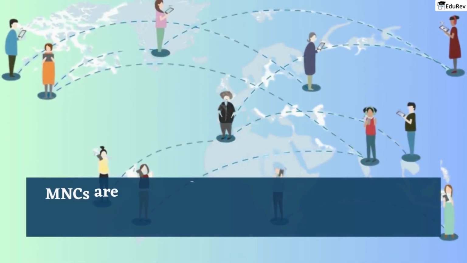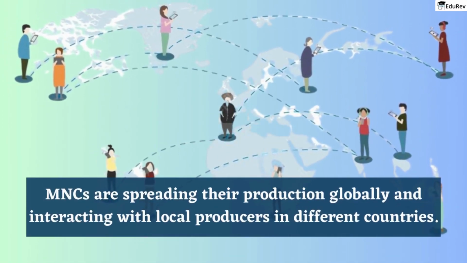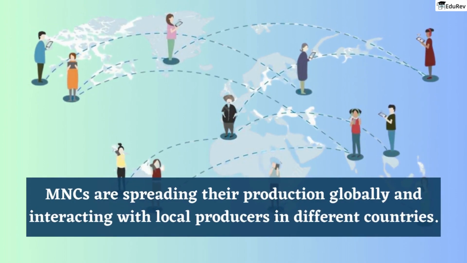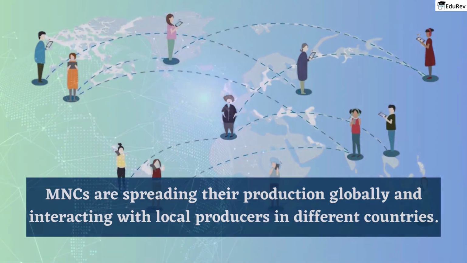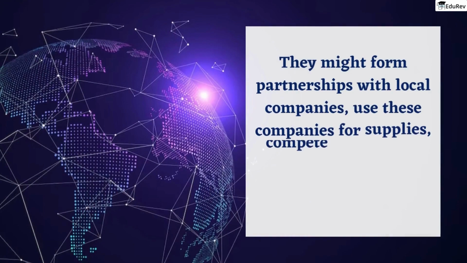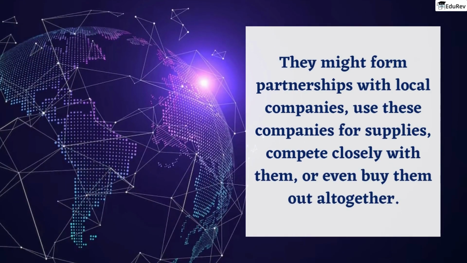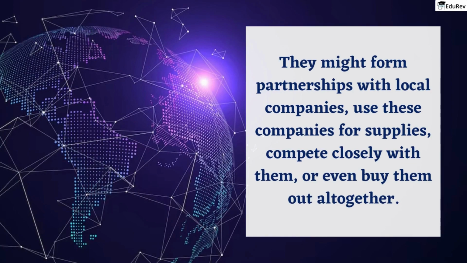This shows us that MNCs are spreading their production globally and interacting with local producers in different countries. They do this through various methods. They might form partnerships with local companies, use these companies for supplies, compete closely with them, or even buy them out altogether. Through these actions, MNCs exert a strong influence on production in these distant locations.